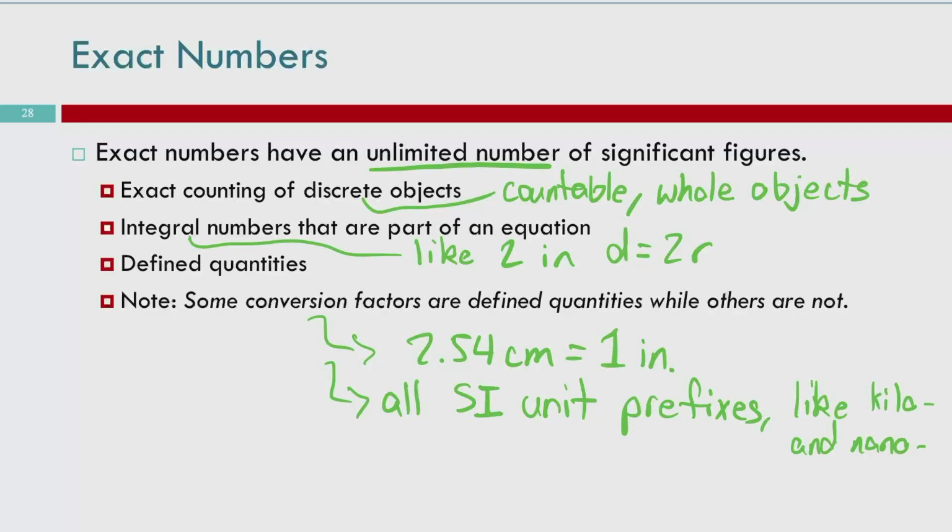All of those are also exact. So like 1 kilometer equals 1,000 meters. That's an exact conversion.